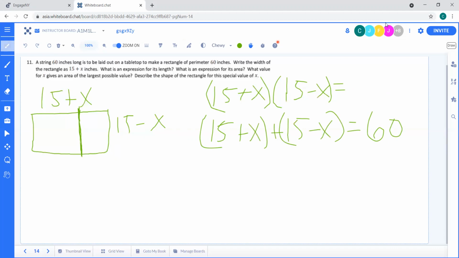So what we could do is say this is what? If we do distributive property here, we're going to have 15 squared minus x squared. So these are conjugates. And we have the difference of those.